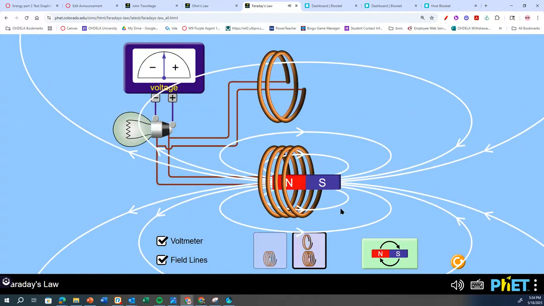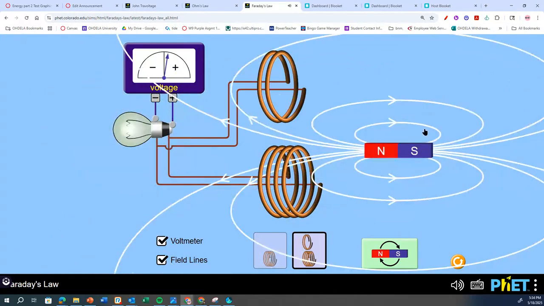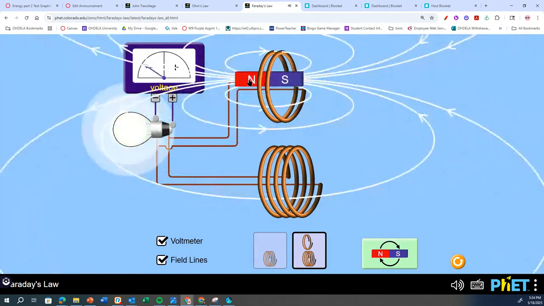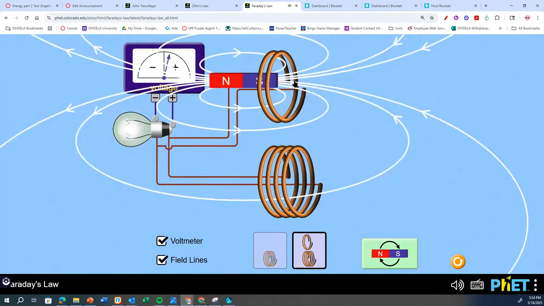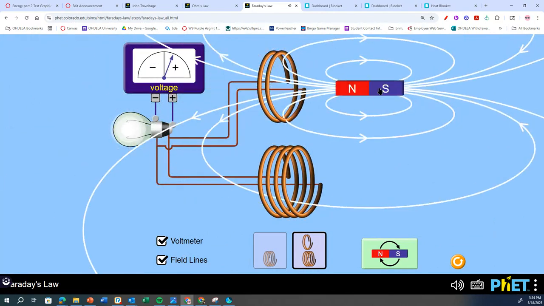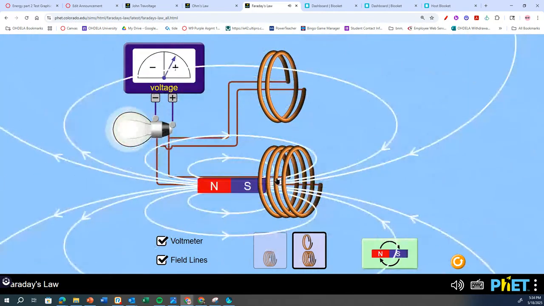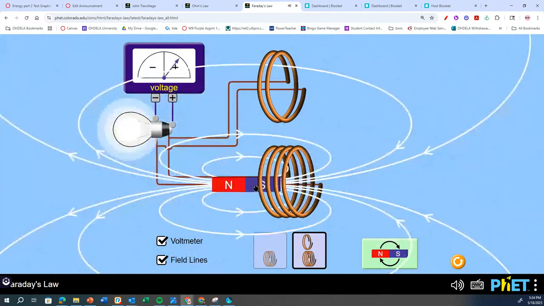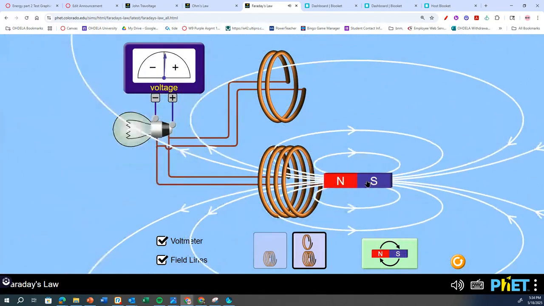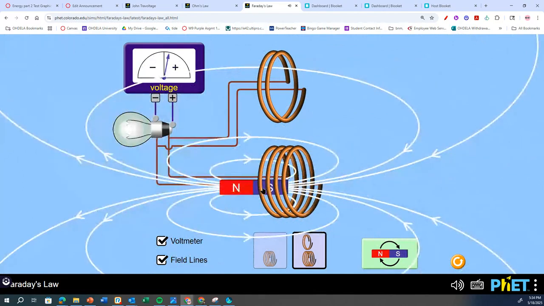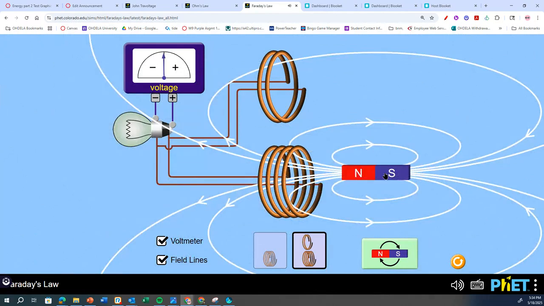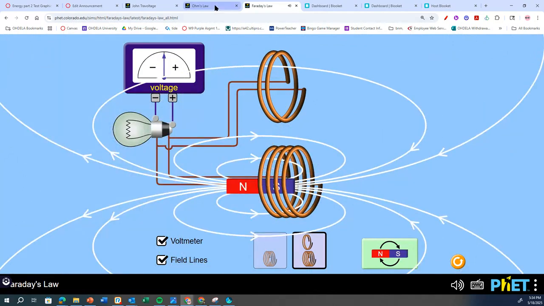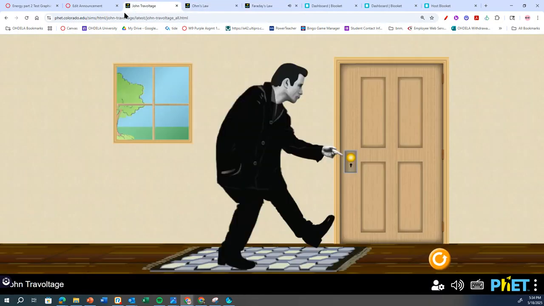Now, if you notice here, if I have fewer coils, I don't have nearly as much light or electricity. So we're influencing the electrical charge in the coil of wire. We're not touching it, but the magnetic field is passing through. So these are some things you can play around with today.